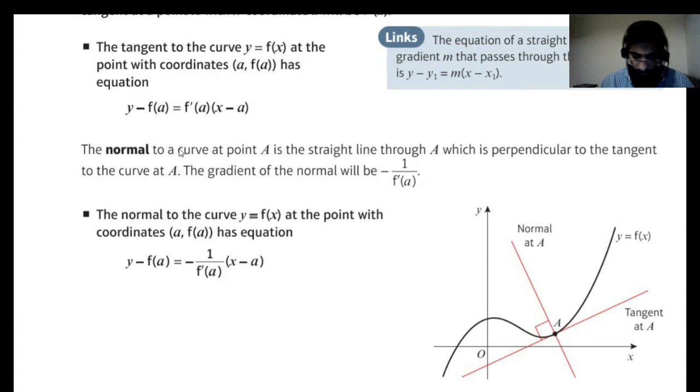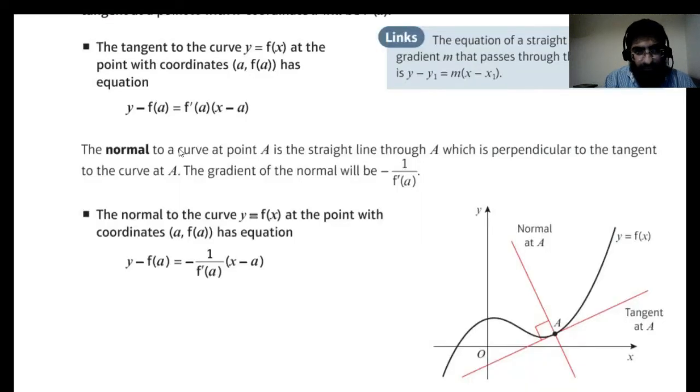So the gradient of the normal will be minus 1 over f dash x. And if you have to find the equation of the normal, it will become y minus y1.